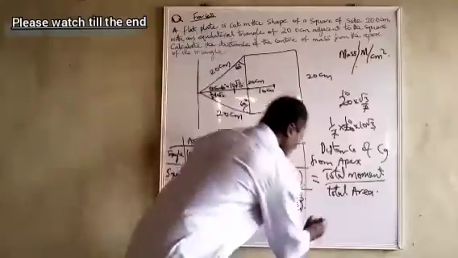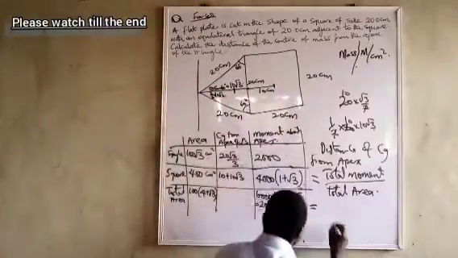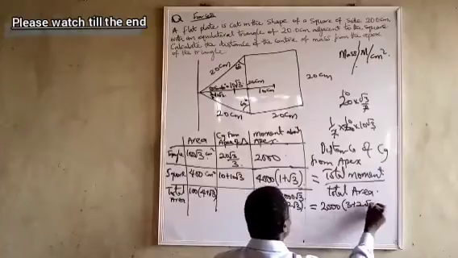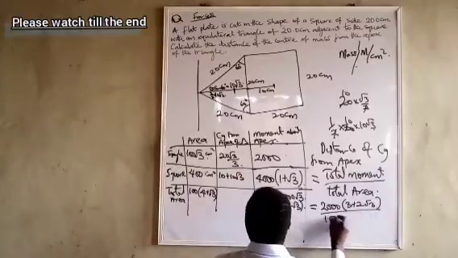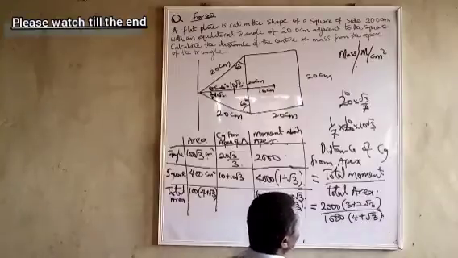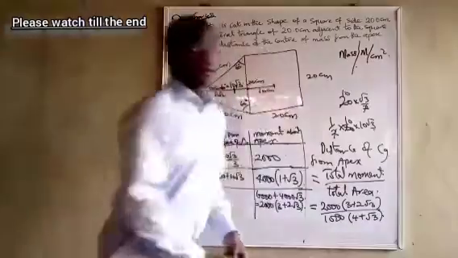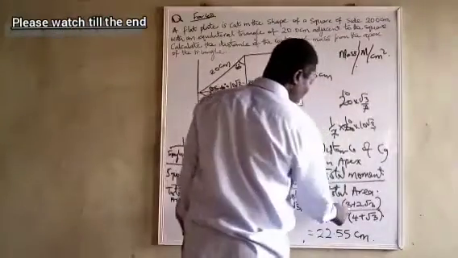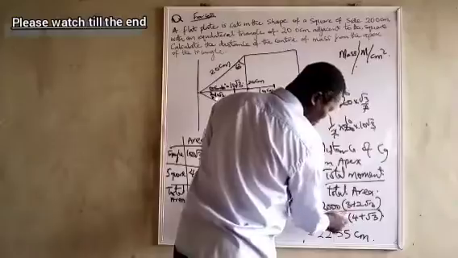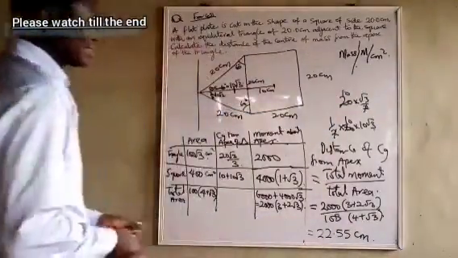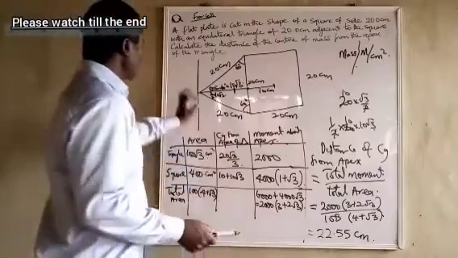That gives me 2000 into 3 plus 2 root 3 over 100 into 4 plus root 3. You can use your calculator straight, and at the end it gives 22.55 cm as the center of mass from the apex.